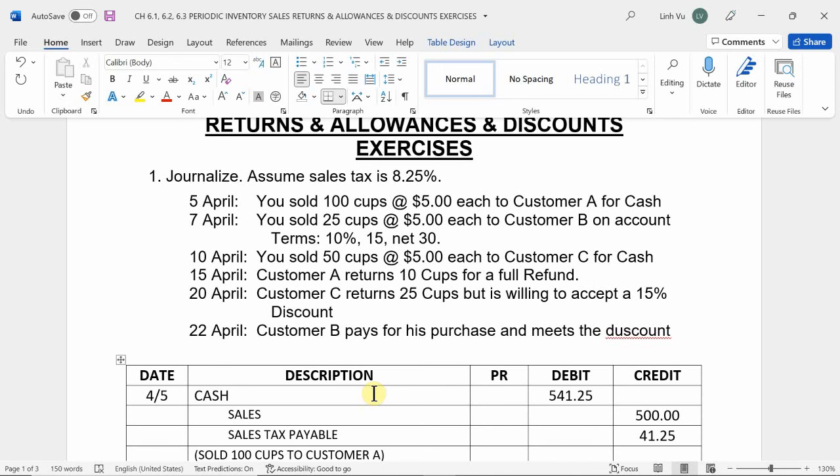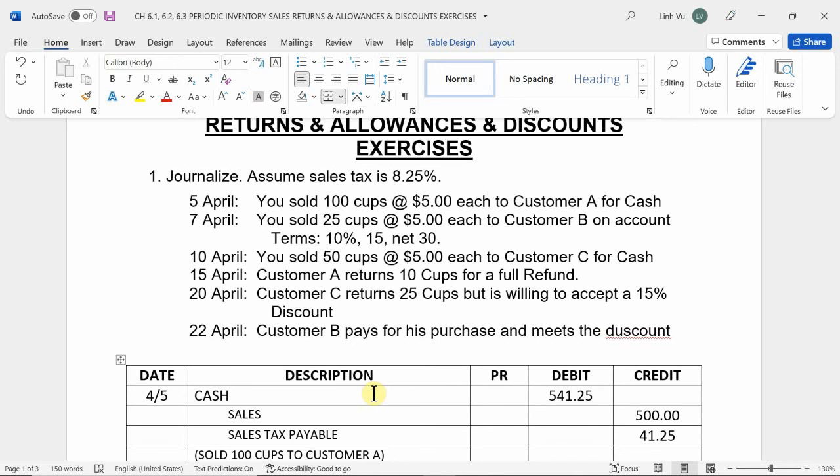So that's 15 days after, the 22nd, right? So 7 plus 15 days, that means he has until the 22nd to be able to take advantage of the 10% discount. Okay?